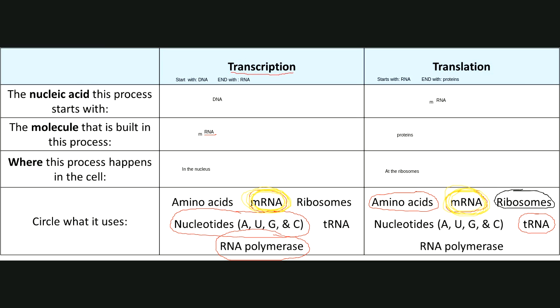I can guarantee you'll probably have a question about that on the homework assignment and definitely on the test. Which process is mRNA involved in? Well, it's involved in transcription and translation. I use it for both of those processes because in one I build it, and in the other I use it as my direction to make those proteins.